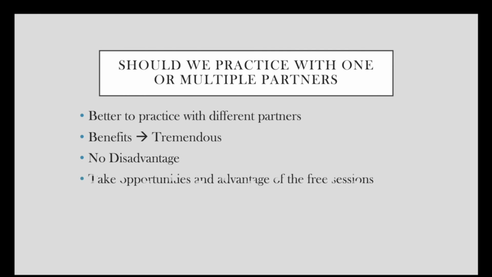That is the time when you should start practicing with other candidates or your other friends so that you can get as many inputs as possible. What is the disadvantage? There is no disadvantage. When you're practicing with people from different academies, you also understand how they are performing and what their ideas and methods of proceeding are for a particular station.